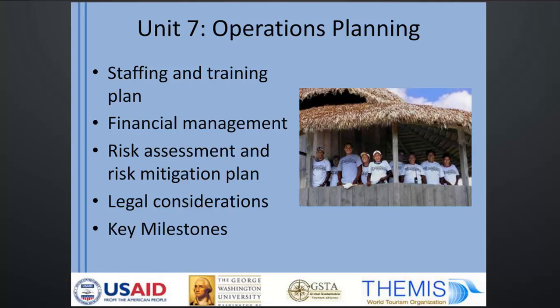This unit looks at things like the financial management of the enterprise, basic language that explains how money is managed within the enterprise without getting into too much detail, but presents a clear and reliable system for managing money within the enterprise.